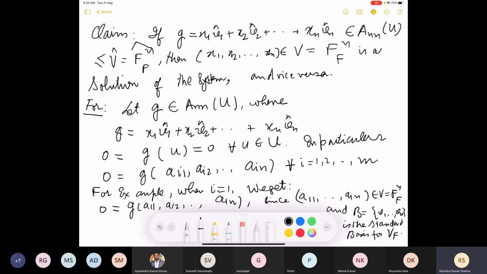So we can write this as a linear combination of the basis vectors. This vector in U is a vector in V for which B, v1, v2, ..., vn is the standard basis, and therefore this vector is a linear combination of the basis vectors v1, v2, ..., vn.